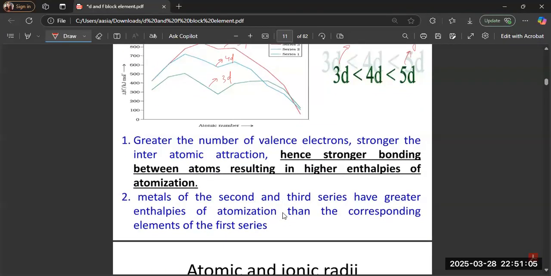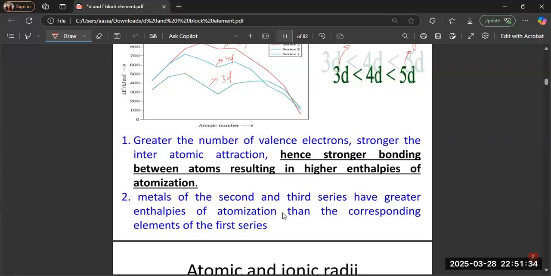Greater the number of valence electrons, stronger the interatomic attraction. If the number of valence electrons is greater, then the interatomic attraction is stronger, and the stronger bonding between atoms results in high enthalpy of atomization, as in the case of 5d.